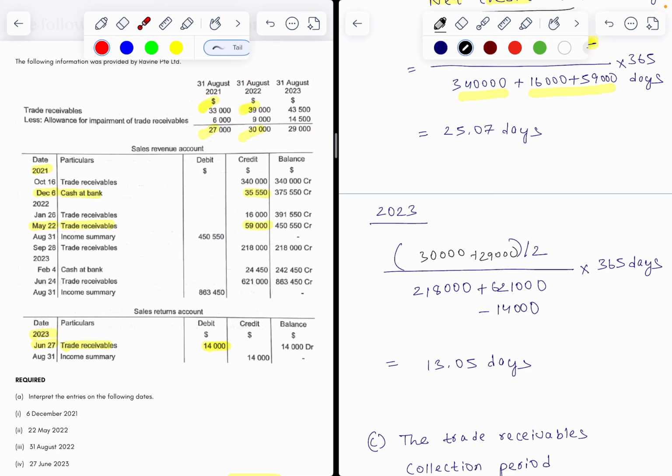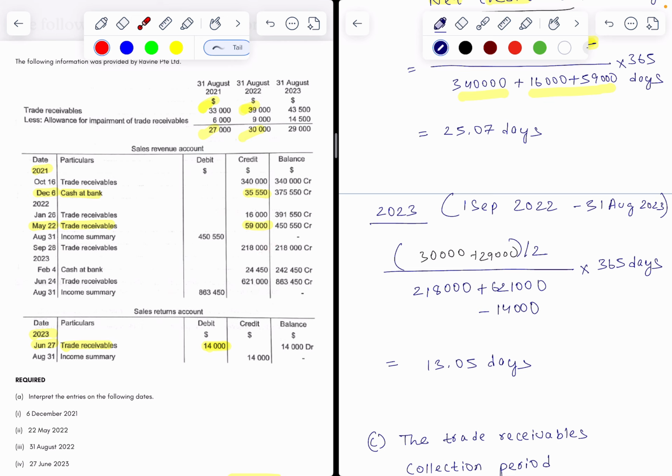And then the denominator, which is the net credit sales. So we're looking specifically for transactions done on credit from 1 September 2022 until the end of 31 August 2023. In this period, you would see that the first credit sale was here, 218,000 on September 28. Then in 2023, we have done another credit sale of 621,000.